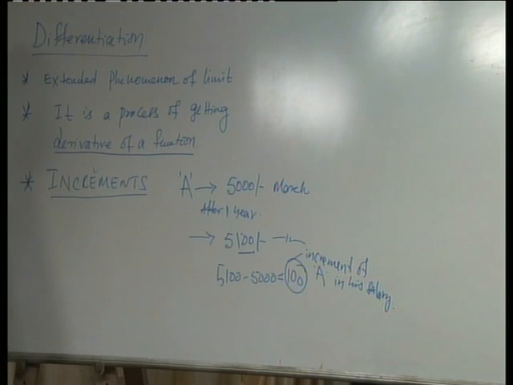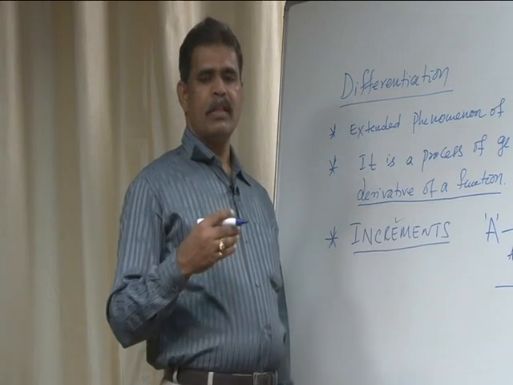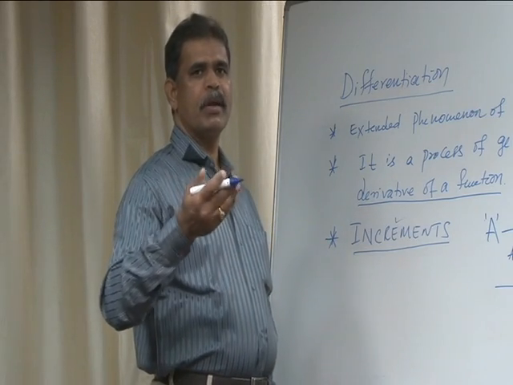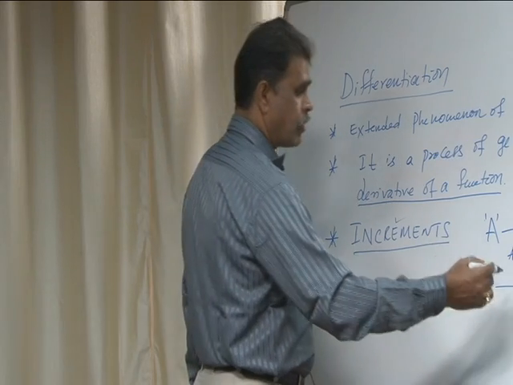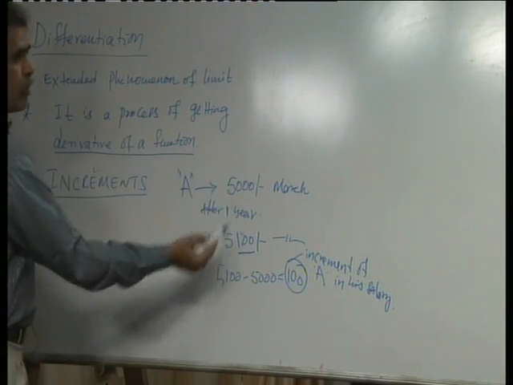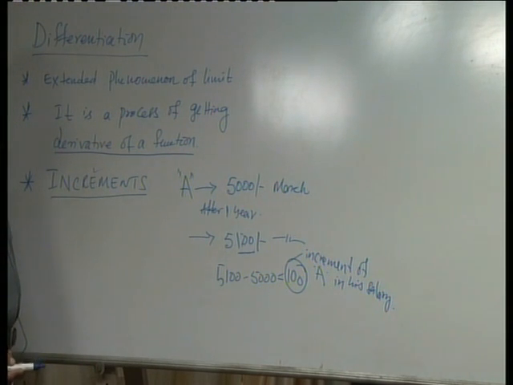So, we got it. Increment is nothing but the change in the value. It may be it decreased, or it may be the increase. Sometime in some company the salary may be reduced by 100 rupees or 200 rupees. That difference will be called as the increment.